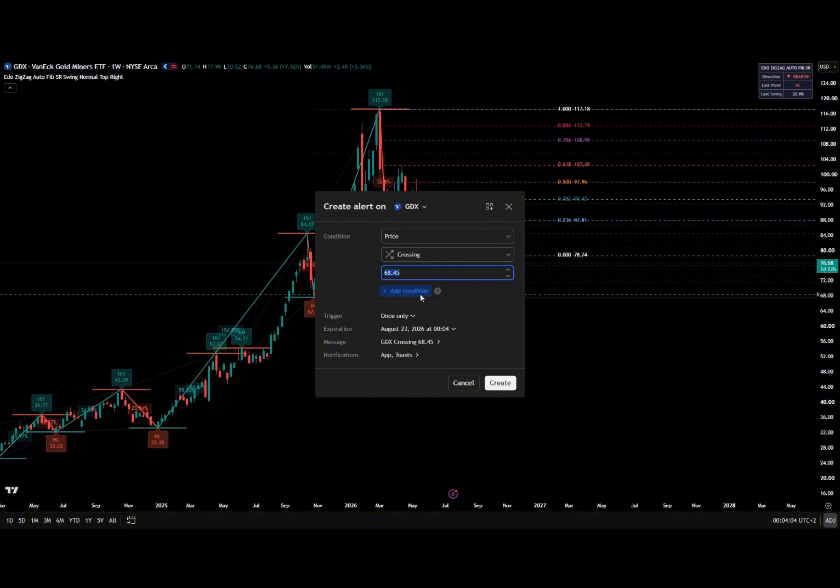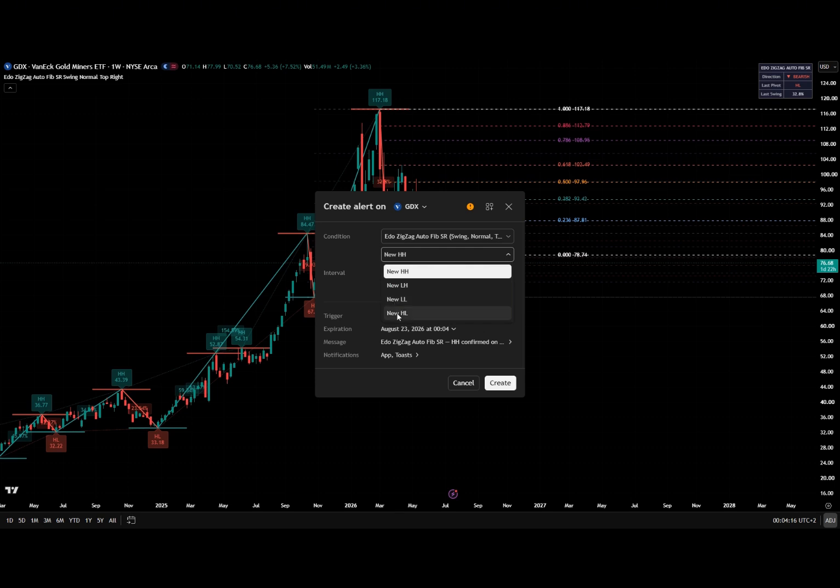Finally, the alerts, from TradingView's standard alert dialog. We pick the indicator as the condition. There are four, one for each type of pivot. New higher high, new lower low and new higher low. They fire on the confirmed pivot, at the close of the candle, so they carry the same delay you see on the chart.